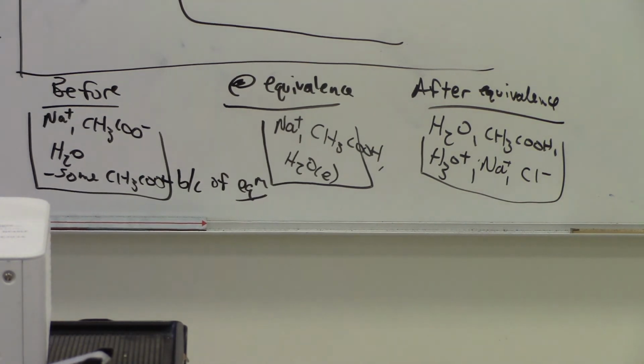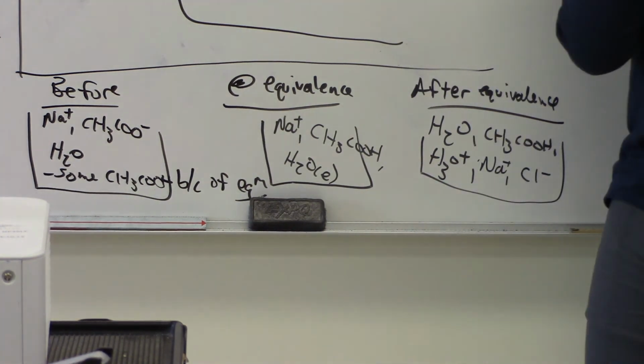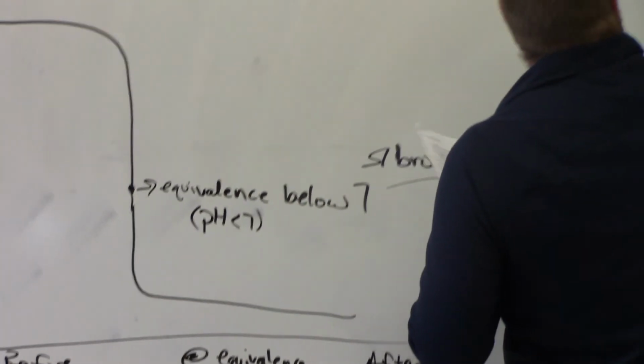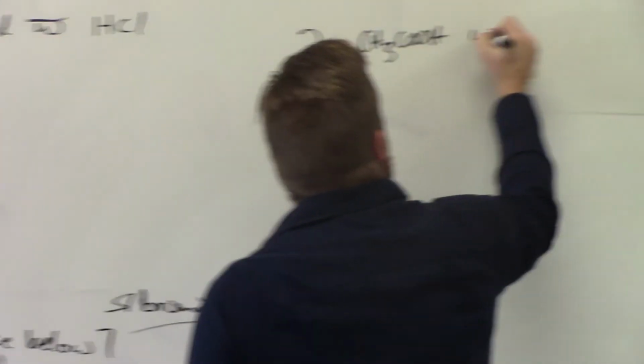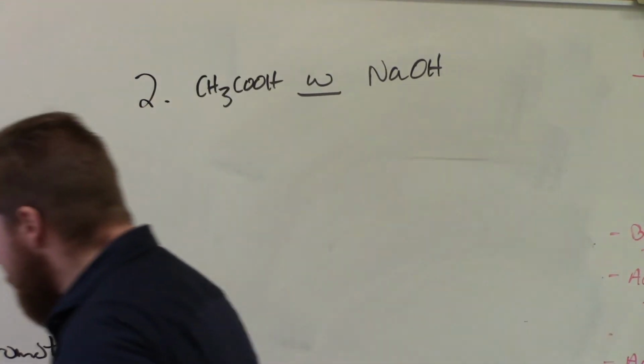Let's look at the next one I want to give you. So the next one is CH3COOH with NaOH. Okay?